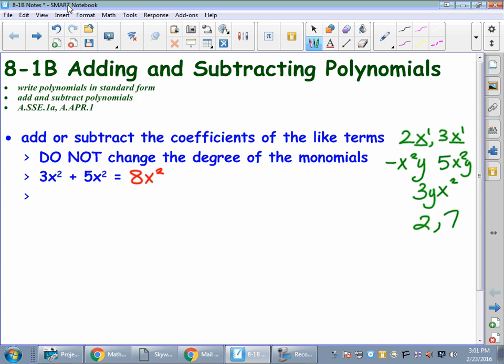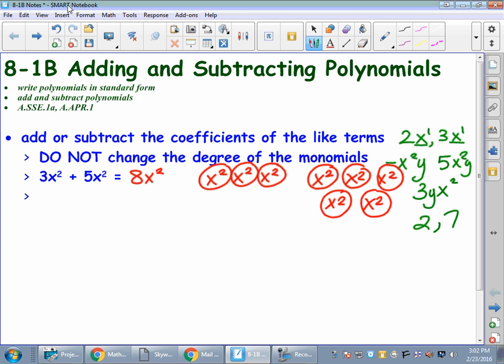If you want to think of it in a visual sense, I have 3x squared sitting over here. Here they are, my 3 x squareds. And then somewhere else, I have 5 more x squareds. I'm just circling them so I can show you that they're an actual item.